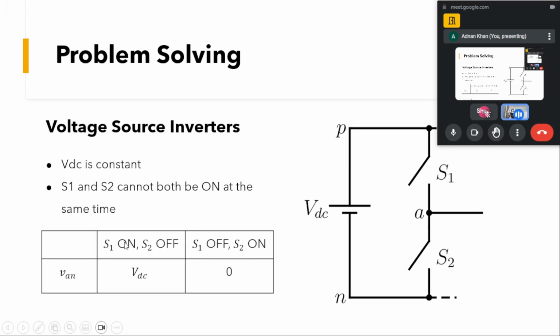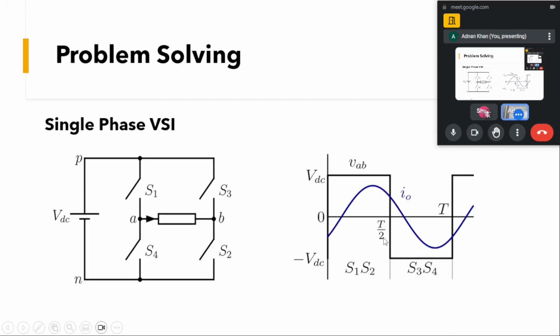That is what is given here: when S1 is on, VAN will be equal to VDC. And when S1 is off and S2 is on, the A and N points will be at the same potential, and VAN will be equal to 0.